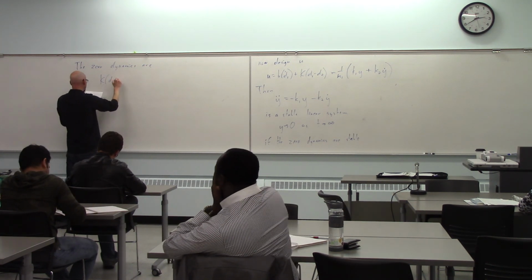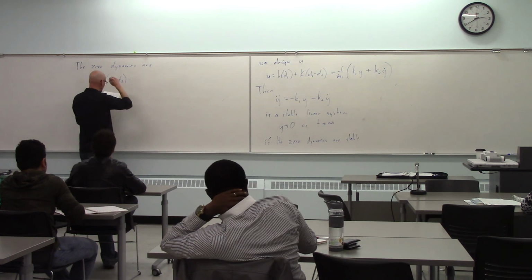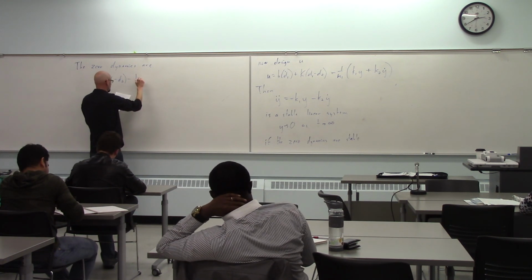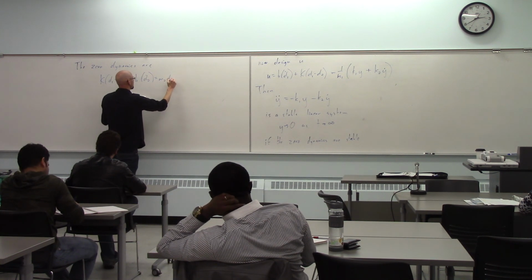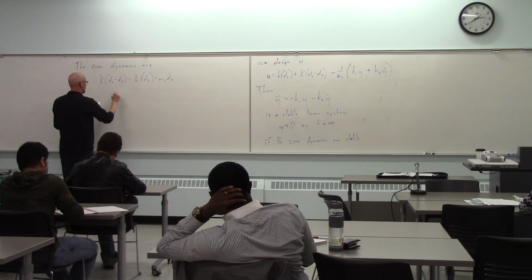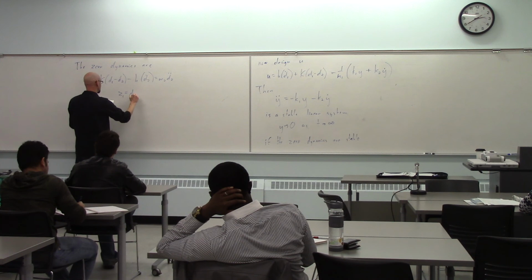So for the other mass 2, we have k d1 minus d2 minus b d2 dot equals m2 d2 double dot. So we'll define z1 to be d2 and z2 to be d2 dot.